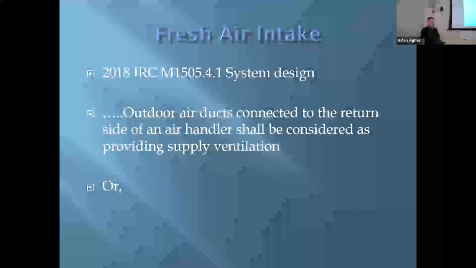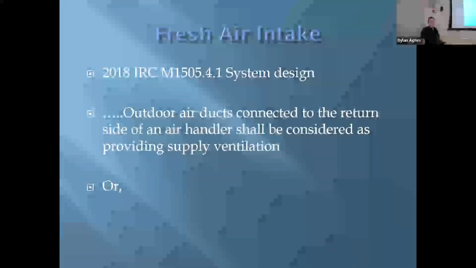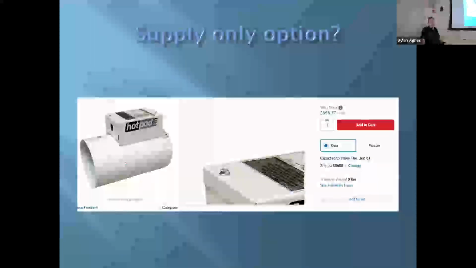My first step, what I always suggest, is to increase that fresh air intake. It's the cheapest, easiest, no control, no homeowner interruption way to deal with it. If that is not going to work, then we have other options.